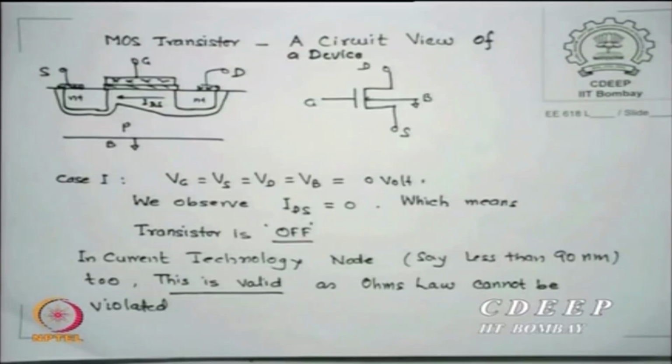So we say the transistor is off, nothing is coming out. In current technology nodes, say 90 nanometer or less, this is still valid, because Kirchhoff's law cannot be faulted. At no supply, no currents irrespective. There may be cases of smaller current because of something else, but otherwise if voltages are grounded, no currents.